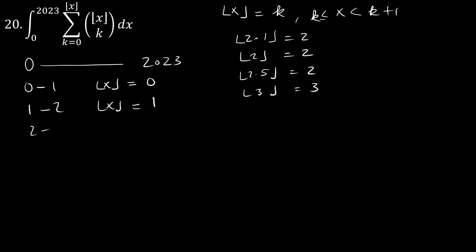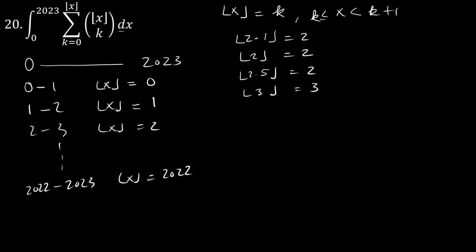From 2 to 3, the floor function is going to be equal to 2. All the way up to 2022 to 2023, the floor function of x is going to be equal to 2022. And so this guy becomes a constant at these intervals, right? And the interval length is 1.